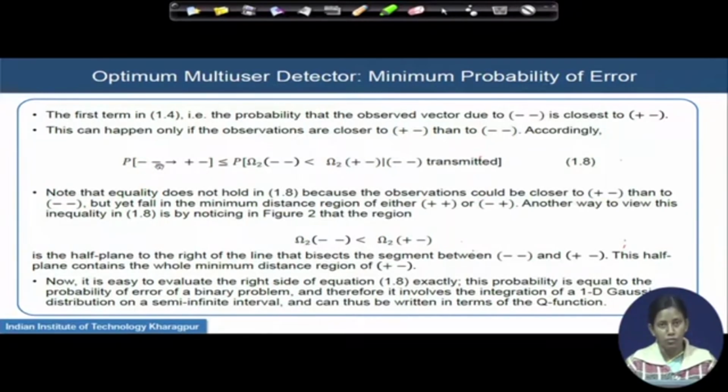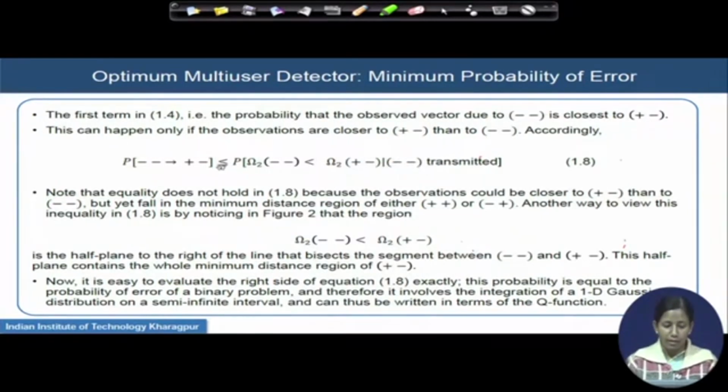This situation leads us to the fact that the probability of double minus transmitted but plus minus received is less than or equal to the probability that omega for the two users with double minus is less than that of plus minus, given that double minus was transmitted.